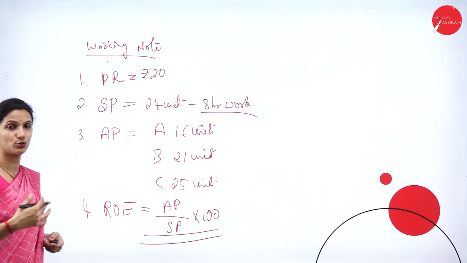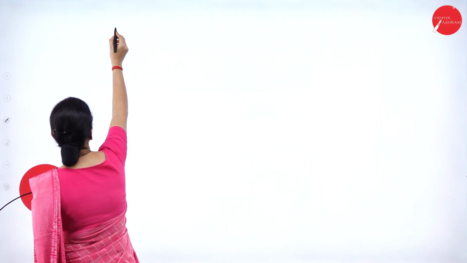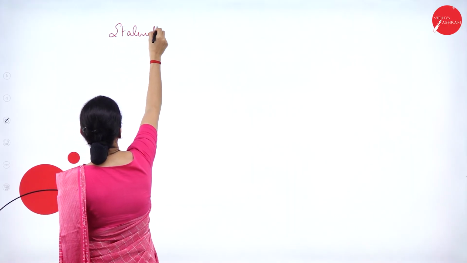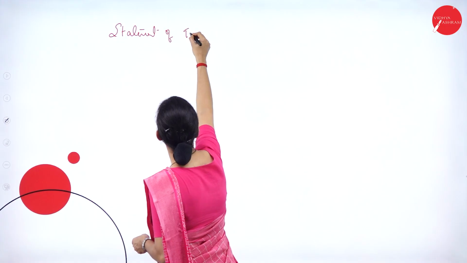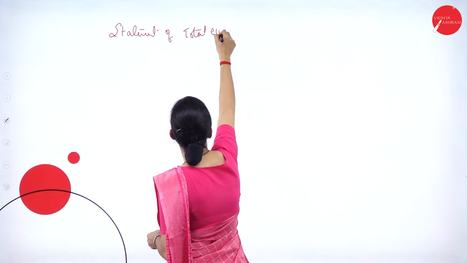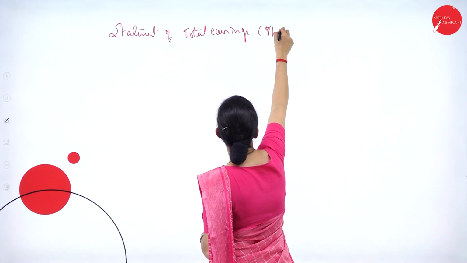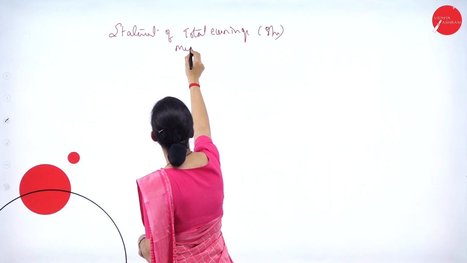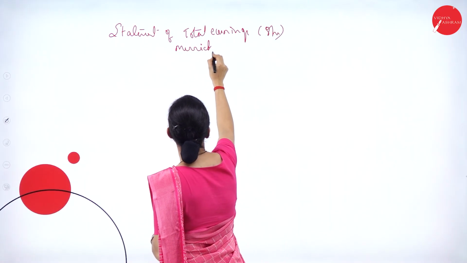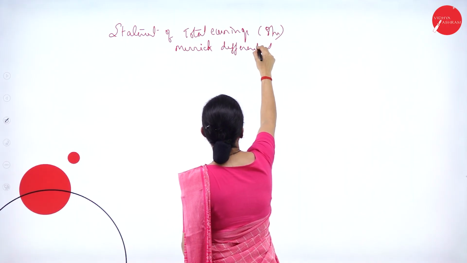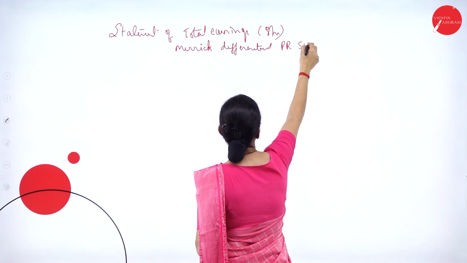So now we'll move on to the statement of total earnings. Total earnings, that is for 8 hours. Here we are applying Merrick differential piece rate system.